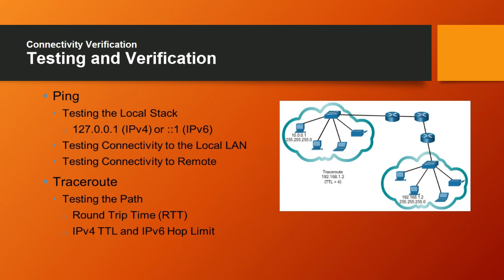In traceroute, there is testing the path, round trip time RTT, and IPv4 TTL and IPv6 hop limit. That would be all the topics in chapter 7, IP addressing.